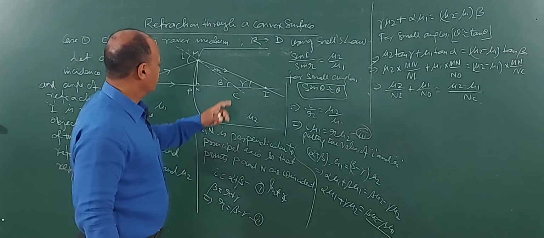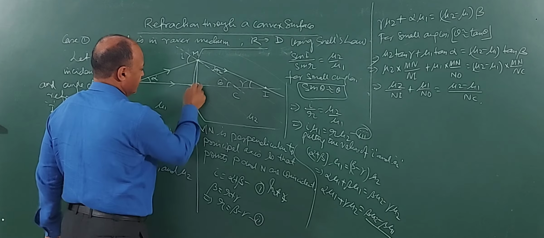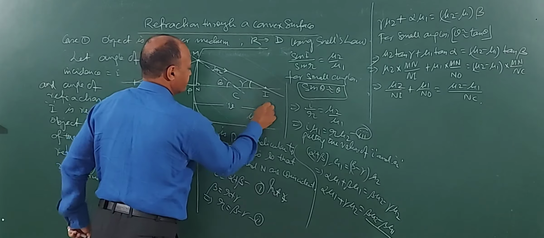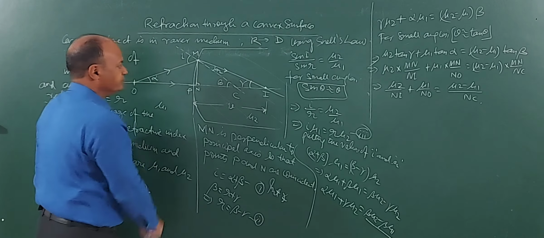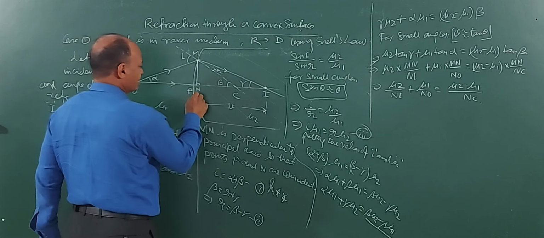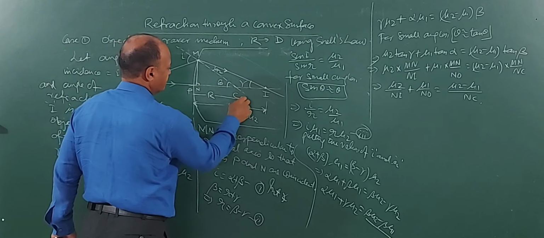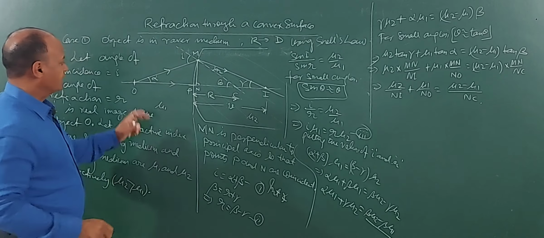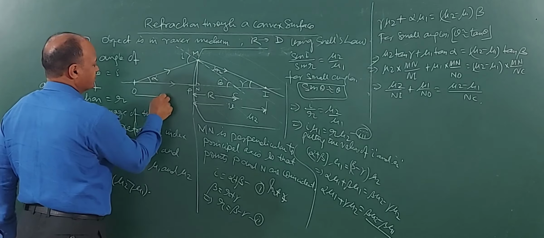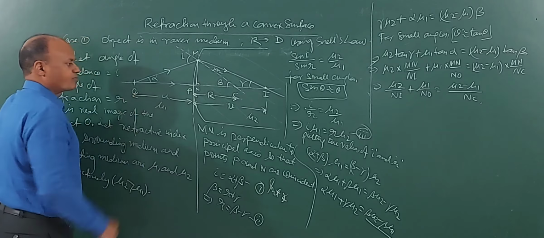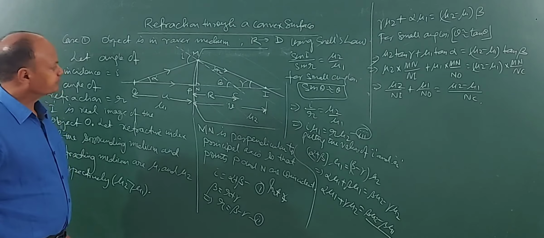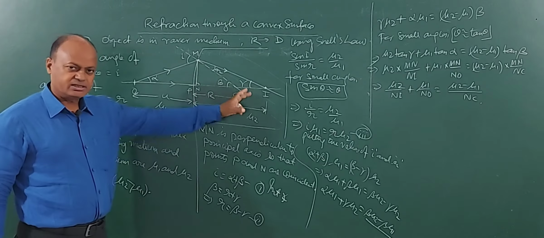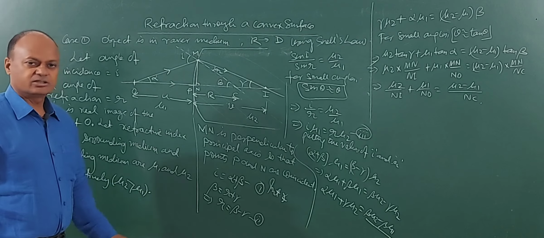So, Ni is on the right, Ni will be same as Pi, there will be image distance V. PC is radius of curvature R, you will mark this clearly, and No or PO is object distance U. So, when you look at this, then R and V will be taken positive sign as they are on the right, and U will be taken with the negative sign as it is on the left.